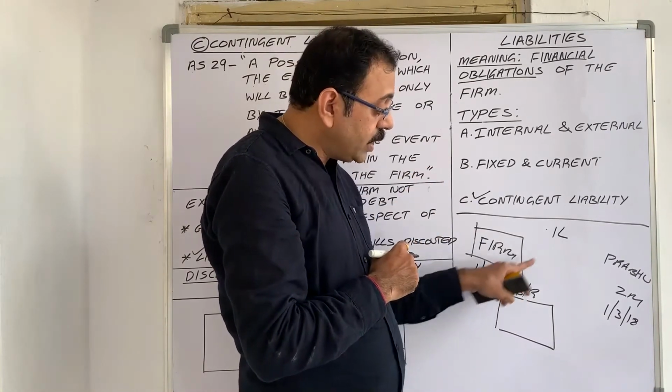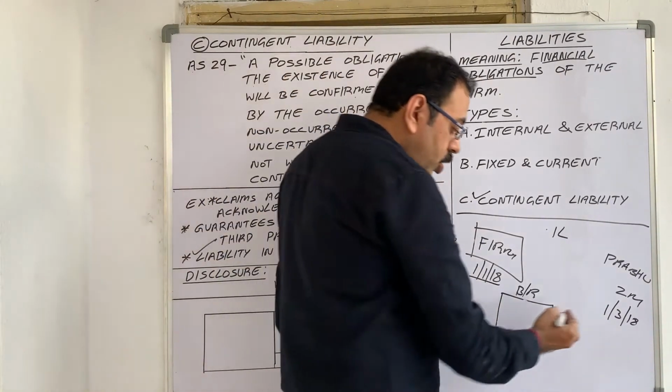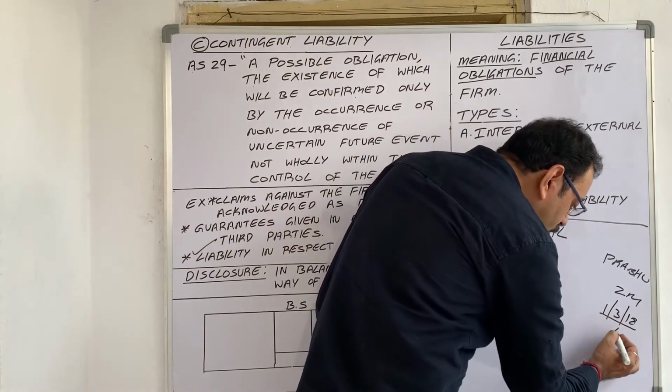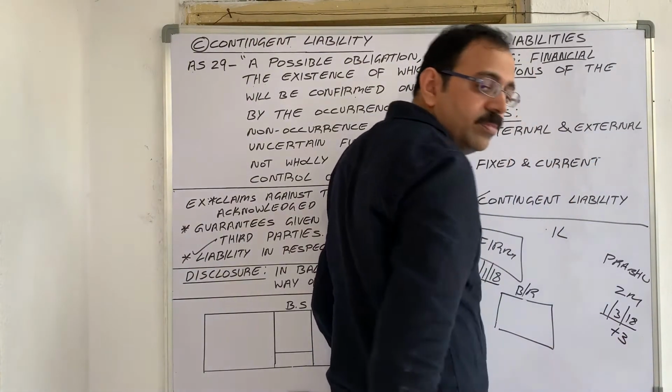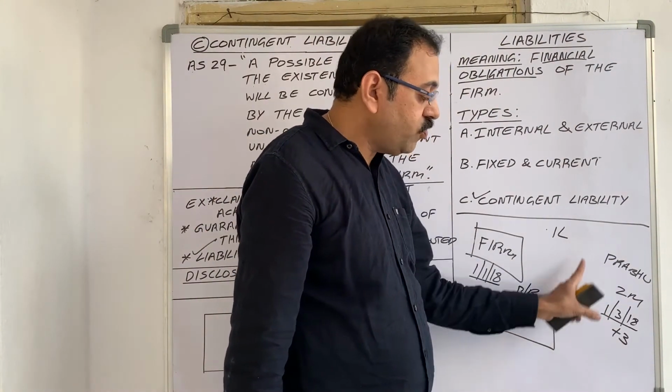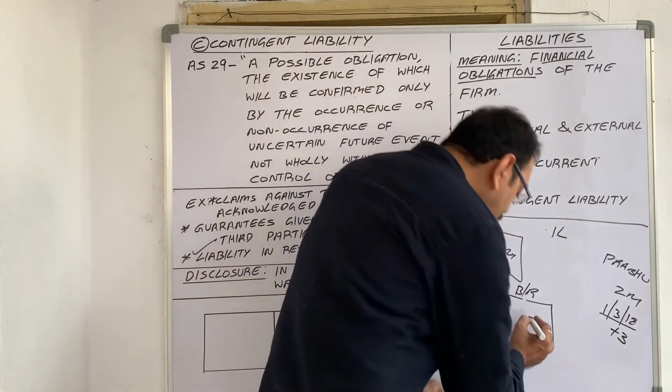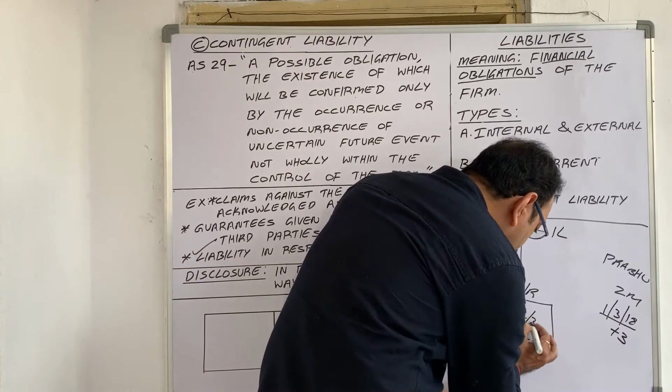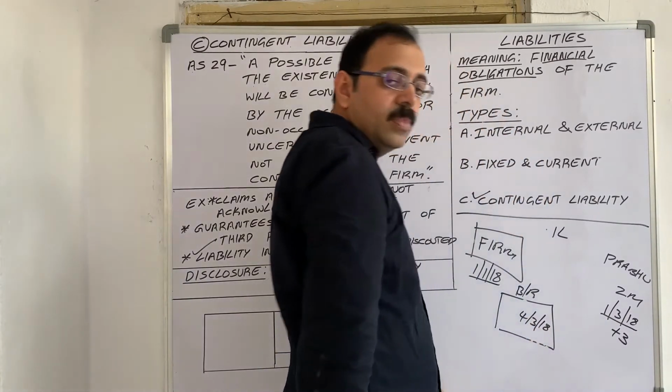When we are going to get the money on this bill, to this date we have to add extra 3 days in case of bills of exchange. So 2nd March, 3rd March, 4th March. So due date is 4th March 18.